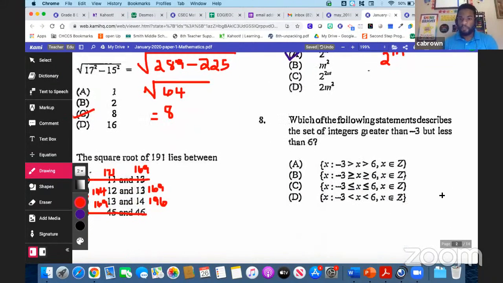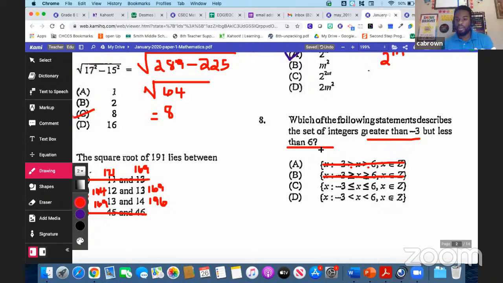Number 8. Which of the following statements describe the set of integers greater than -3 but less than 6? Let's look at the options and rule out some answers. A, both the signs are greater than, so A is out. B, both the signs are greater than or equal to, and the question says greater than and less than.